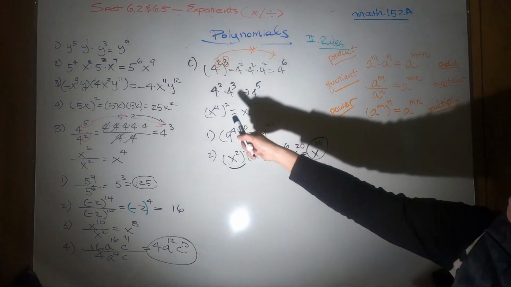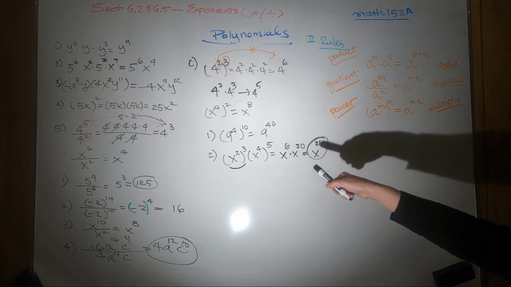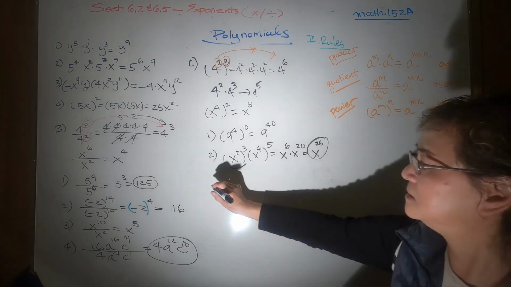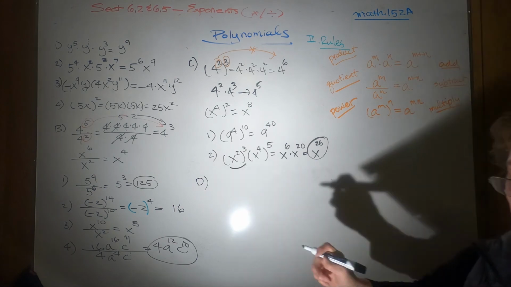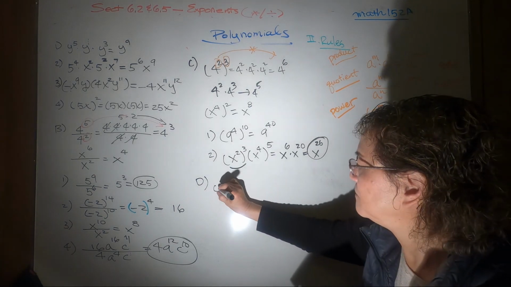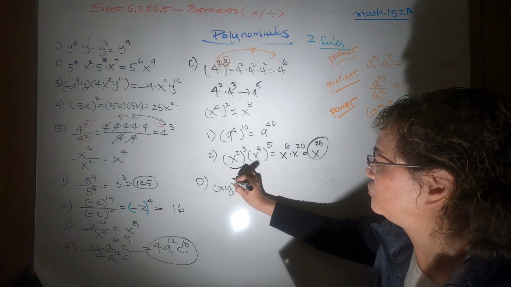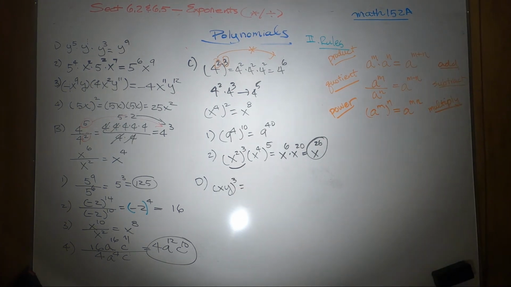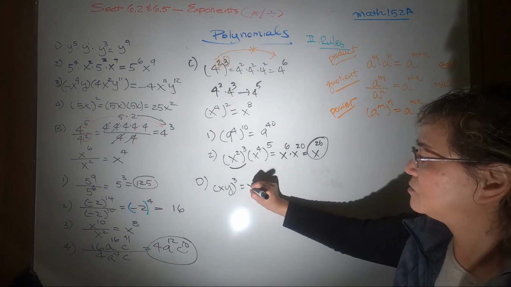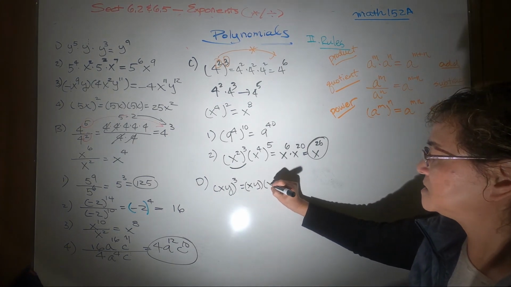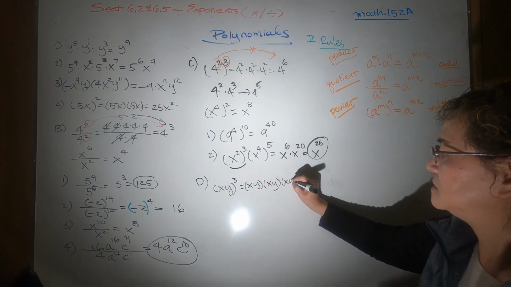This is all one base, one same kind of base. Okay? If we have different kind of bases together, so we have 2 bases inside, then let's see what will happen. Okay? It means what? xy times itself 3 times.